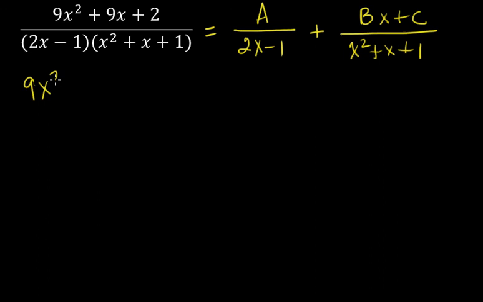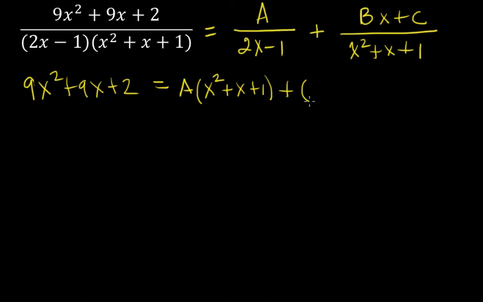But you have to allow for having a degree 1 numerator. So let's clear fractions, and we get 9x squared plus 9x plus 2 is equal to a, the factor of 2x minus 1 cancels, and we have a times the quantity x squared plus x plus 1, plus, now we have bx plus c, the quantity, times the linear factor 2x minus 1.